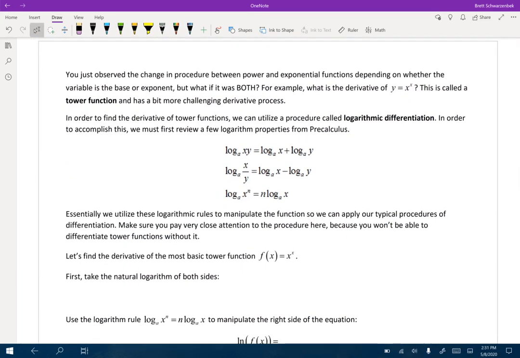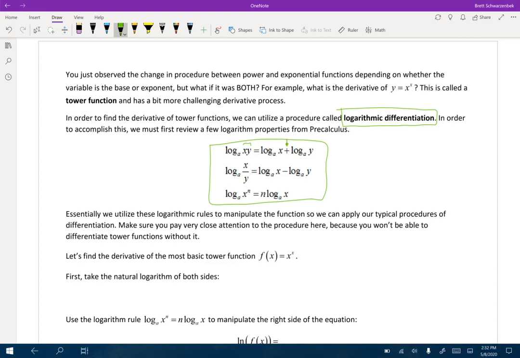All right, so the remaining part of this section's notes is all about one topic called logarithmic differentiation. This is going to be a challenge for students, not because it's hard, but because it's remembering log rules. So before we get started, let's talk about our log rules. If you recall from the beginning of pre-calc, the log of a product is the same as the sum of their individual logs.